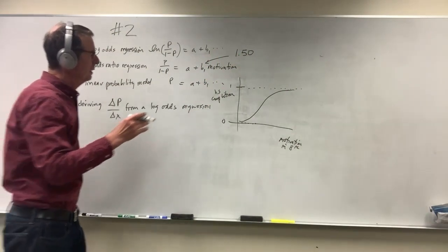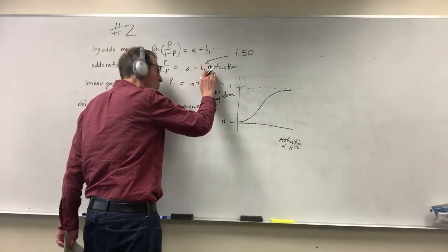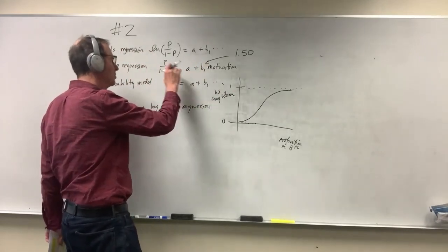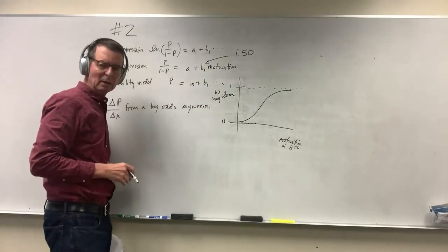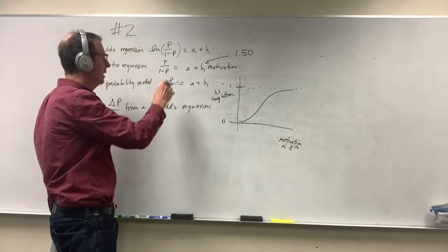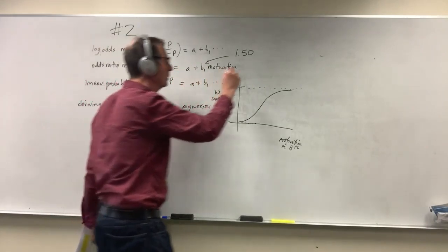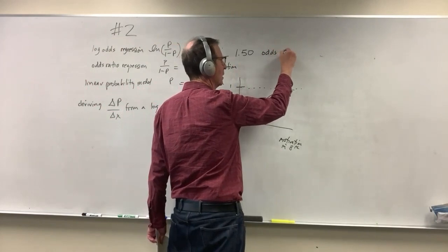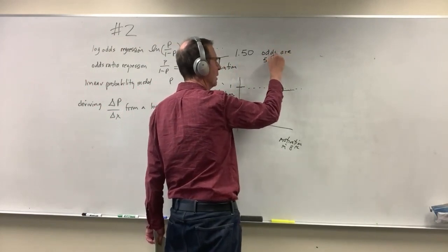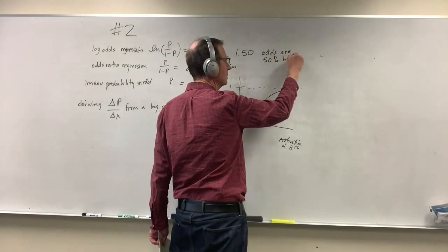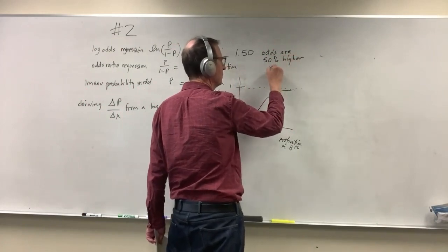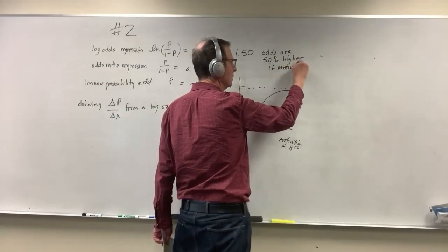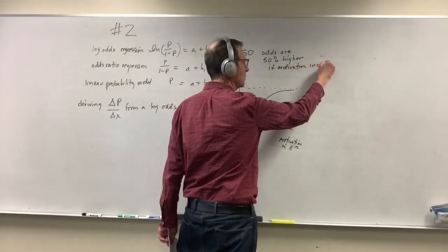And the interpretation is for every 1 unit change in motivation, we have an associated change in the odds of completing high school of 1.50, which means that the odds are 50% higher if motivation increases by 1 unit.